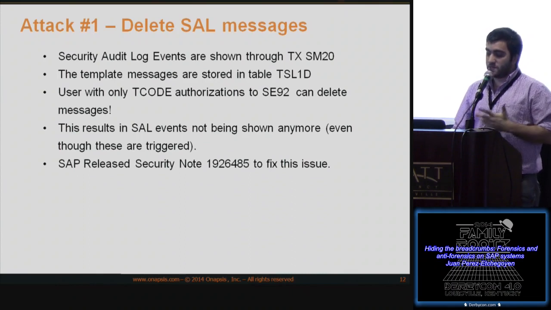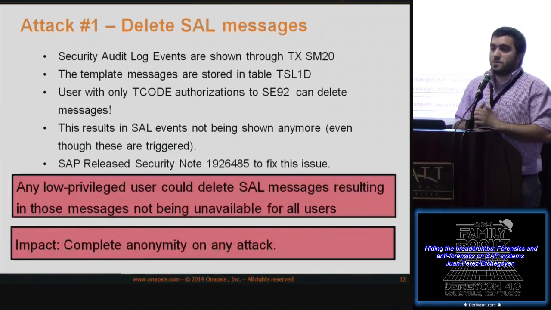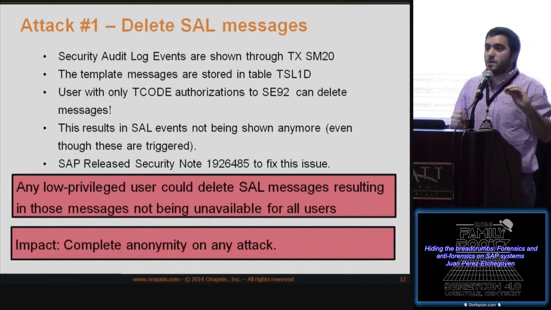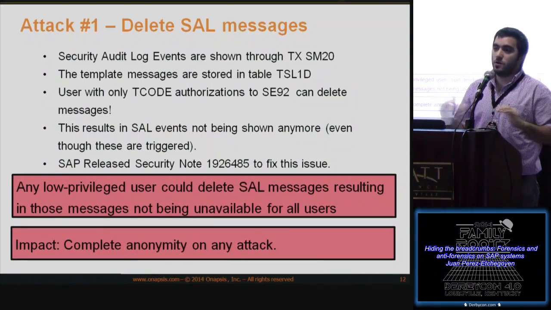There was a security note fixing this, enforcing the permissions. The impact is a complete anonymity of any attack, because being able to delete a specific message, that specific event is going to disappear in the whole SAP system, regardless of who is the user triggering that event, what's the source, or the application server. The event is gone.